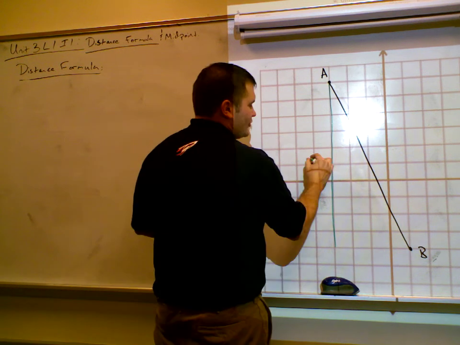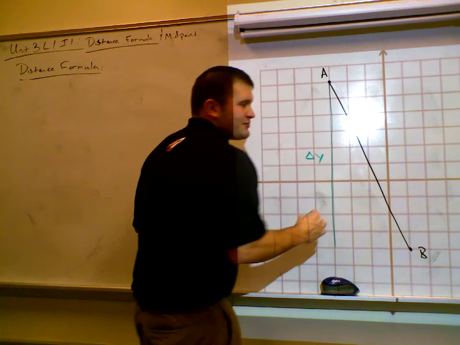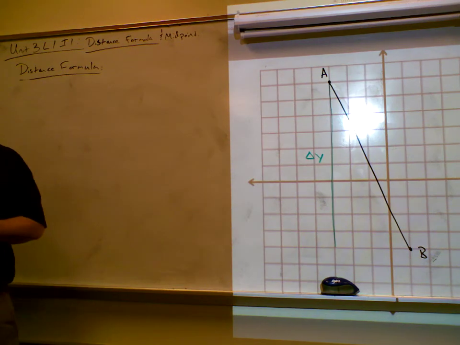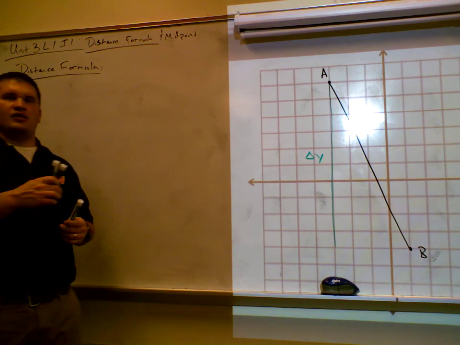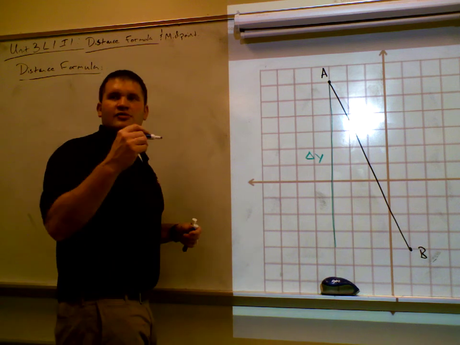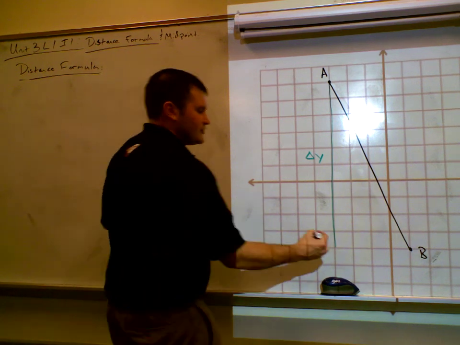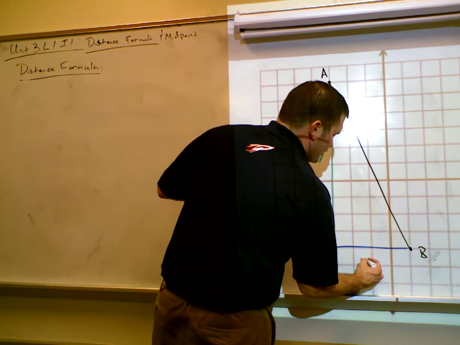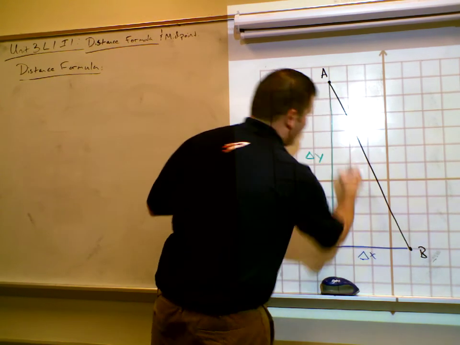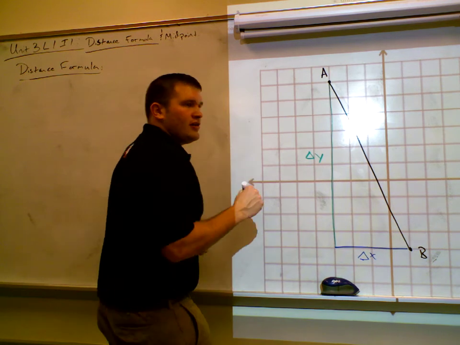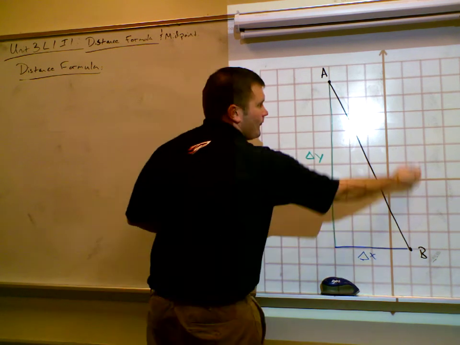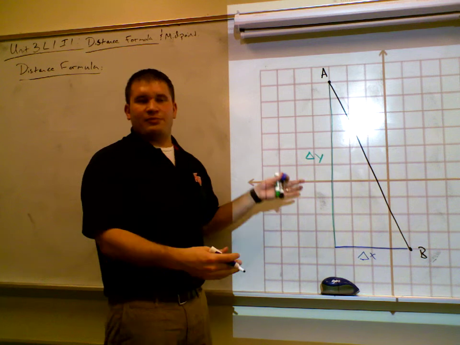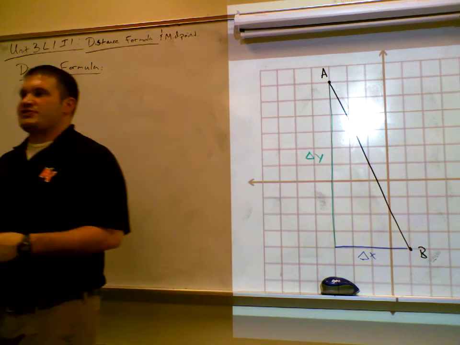So this right here, guys, this is my rise or my change in Y. Where's my run? To the right. It doesn't matter which one I do first, but if I go down and then over from A, or I go up from B then over, I'm going to travel the same distance. I'm going to travel this change in Y, that change in X.